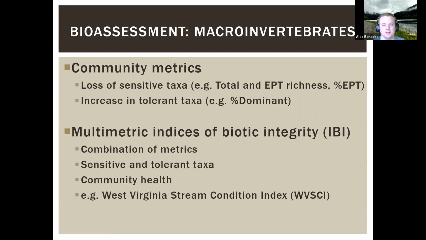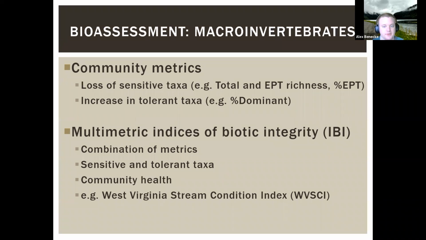So if those are really low or you're missing some entirely, like loss of sensitive taxa, that's an indicator that there's some sort of pollution. On the other hand, you might have an increase in tolerant taxa. So you'll have certain species that are pretty tolerant of pollutants.